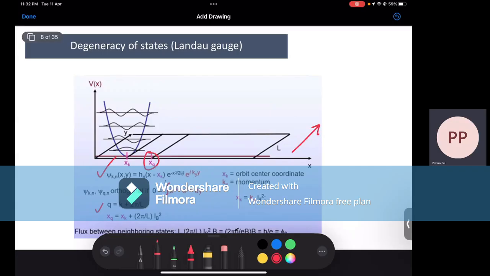When I multiply that by the magnetic flux density, I get one flux quantum. So for a given state, the next nearest orthogonal state is associated with an area of one flux quantum.